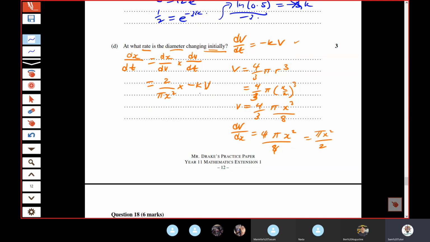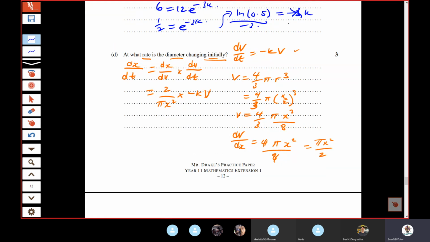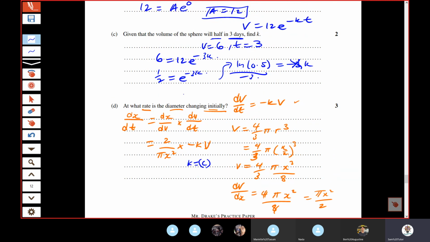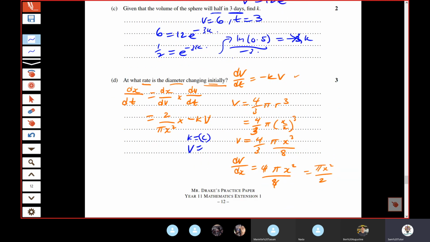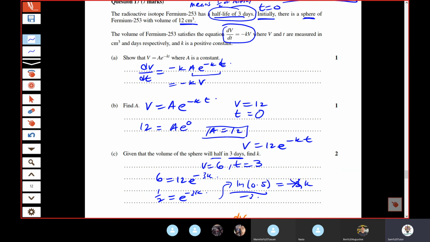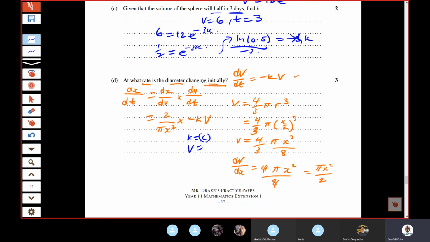Finishing touches. k, we have. V, initially we have. So let me write k equals, whatever you found in part c. V, what's the volume initially? I think it said 12. What's the diameter initially? How do we find that? What is x equal to?